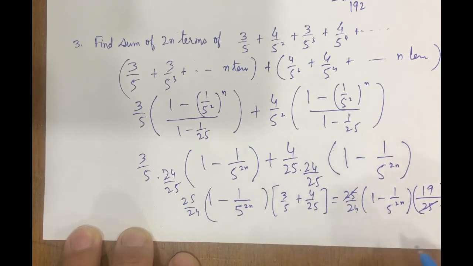So this is 19 upon 24 into 1 minus 1 by 5 raised to 2n. So this is the answer.